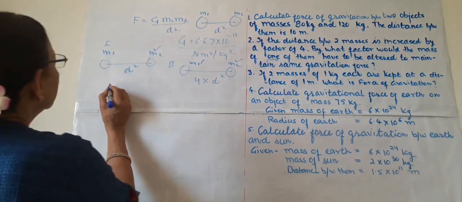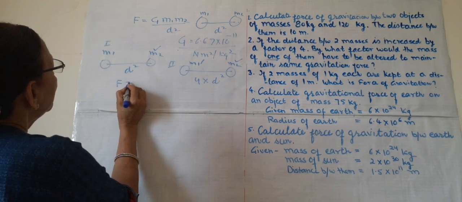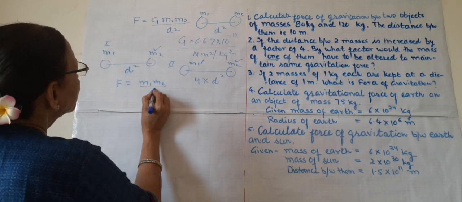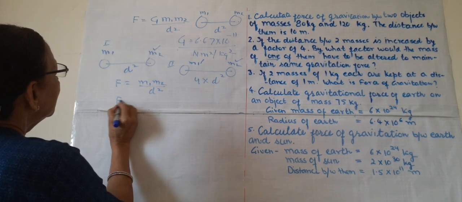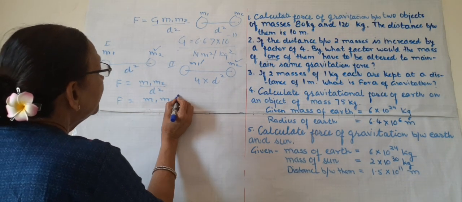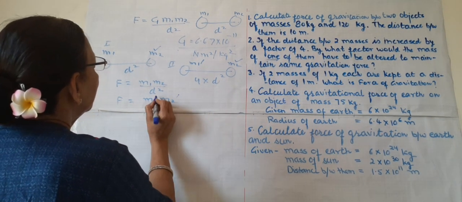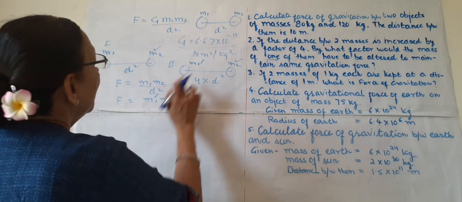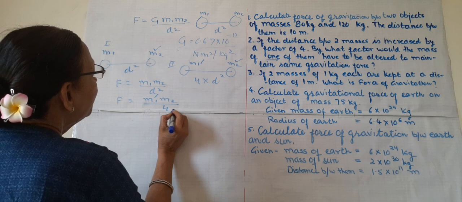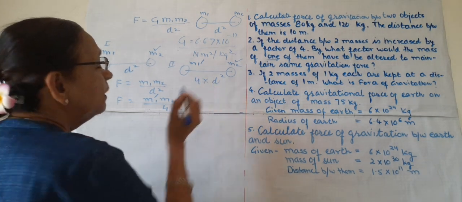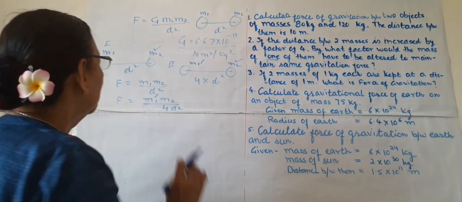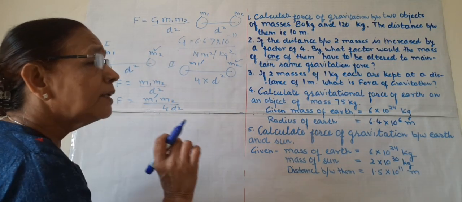It means in the first case, F will be equal to m1 m2 upon d square. In the second case, F will be m1 dash m2 upon 4d square. We have changed m1, not m2. Here the d is increased by a factor of 4, and these both should be the same.